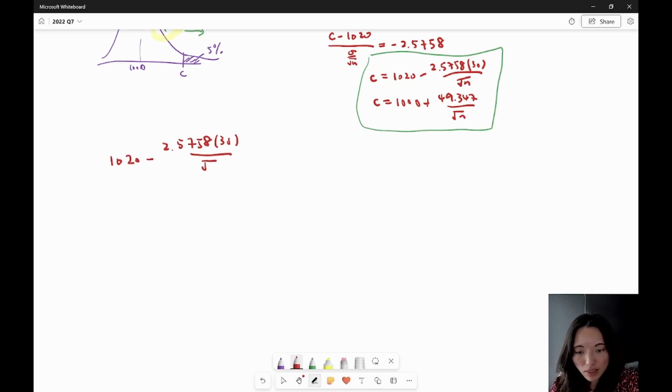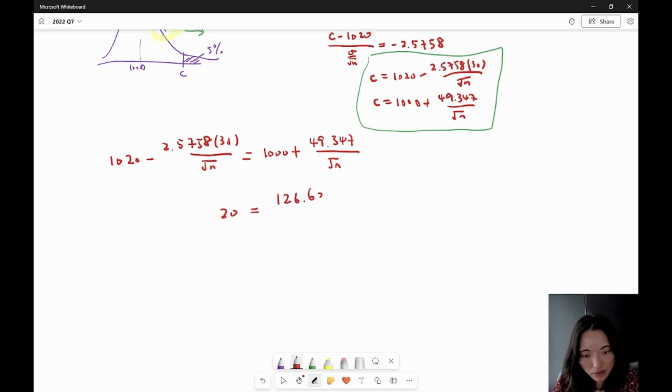1020 minus 2.5758 times 30 over root n equals 1000 plus 49.347 over root n. Therefore, just bringing the n terms to the right-hand side, 20 equals, working all these figures out, 126.621 over root n.